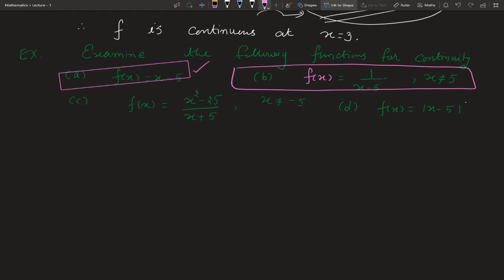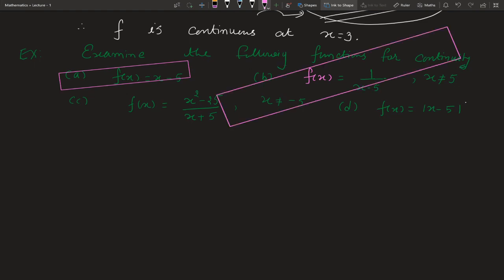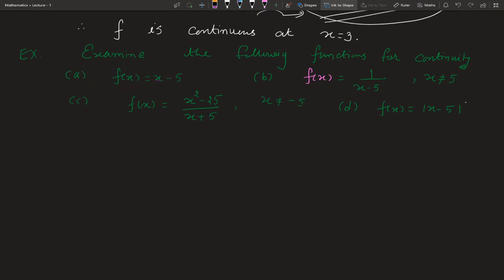Here in general we will check continuity at x equal to 5. For 1 upon x minus 5 we will take an arbitrary point c belongs to R, and for c not equal to 5 we will check the continuity.